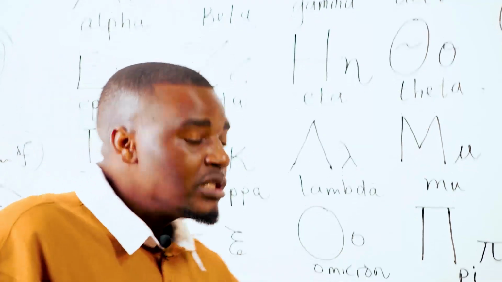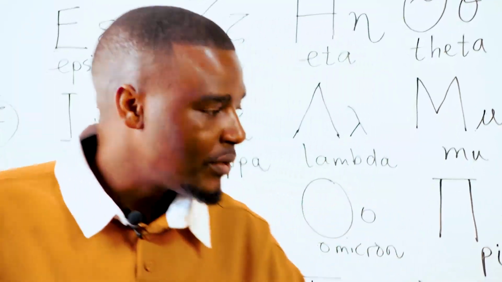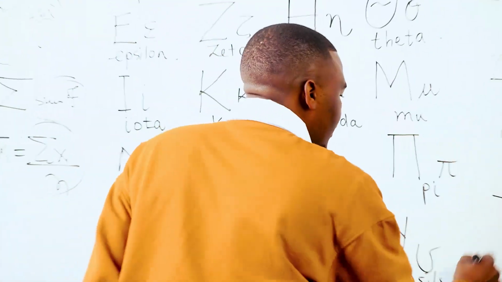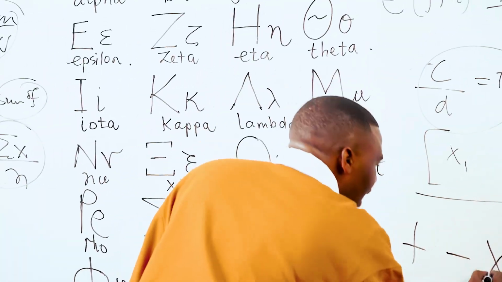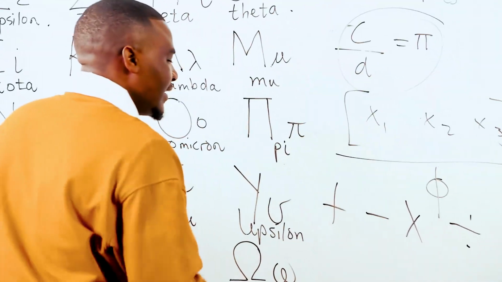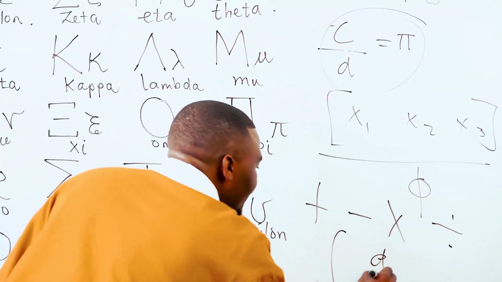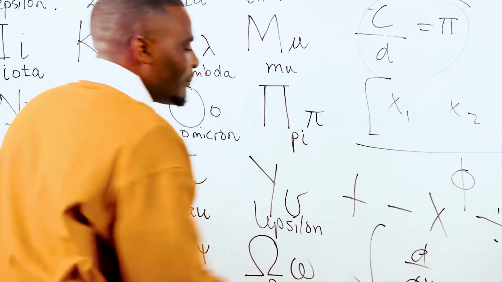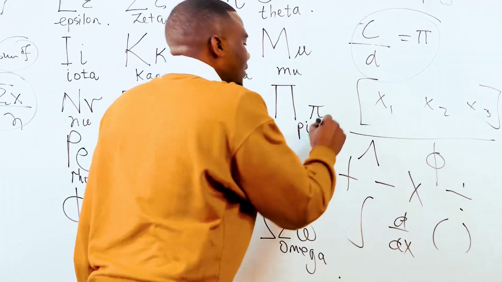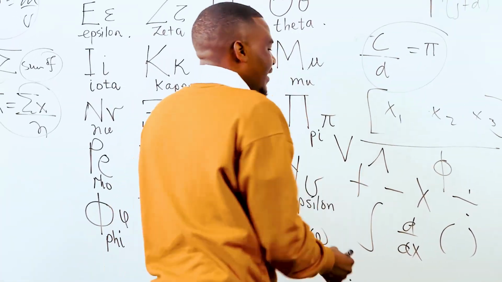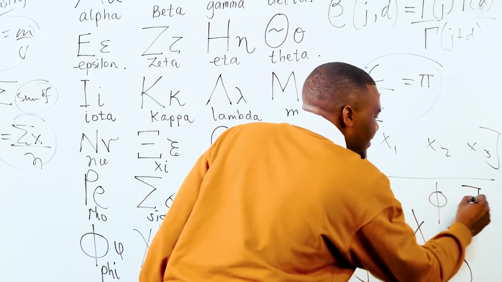And then we also need to know the connectors. What do I mean by the connectors? Things like plus, minus, times, divided, the integral of, the derivative of, brackets, the meaning of brackets, and union. For each, there exists.